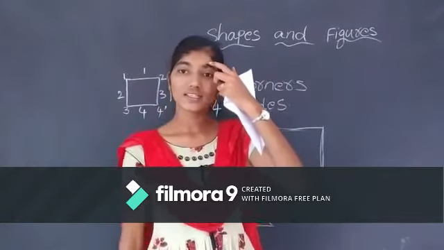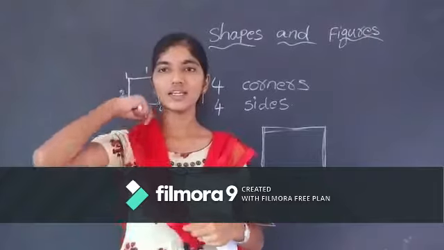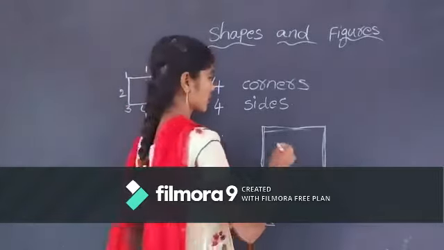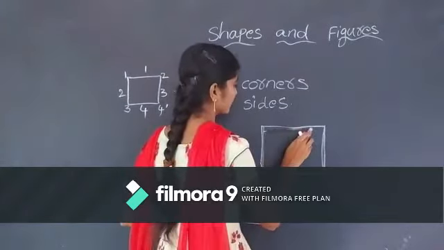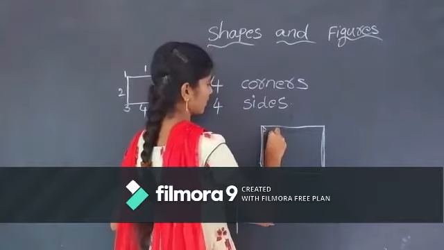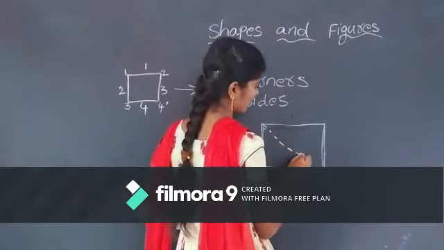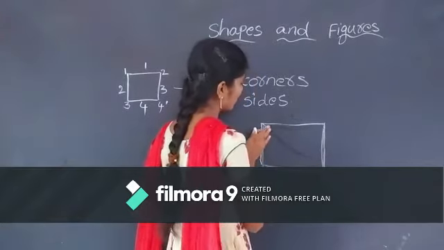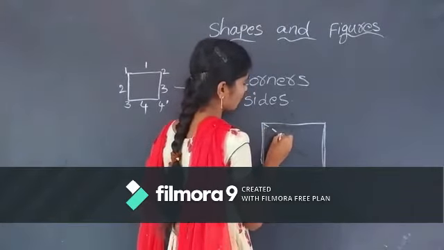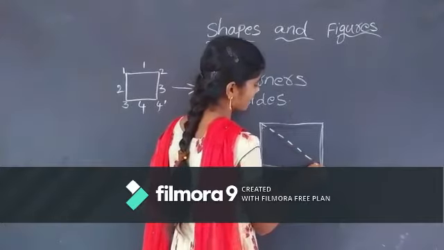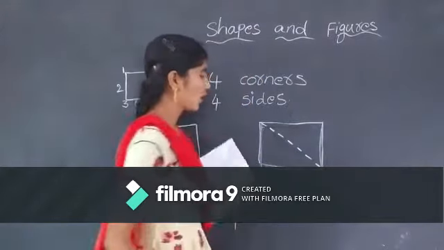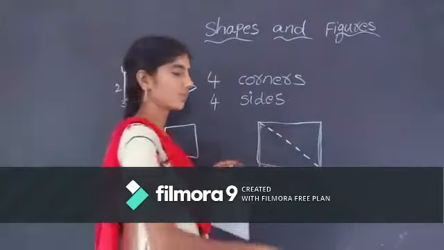Now, dotted is the diagonal obtained by joining the respective opposite corners. We have two diagonals.